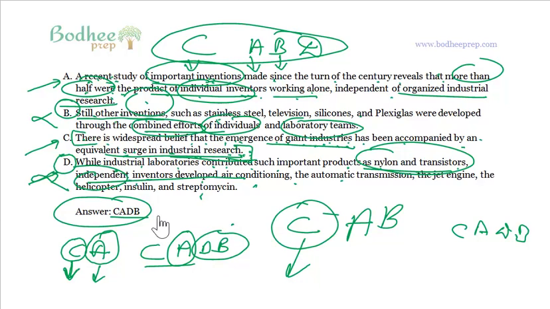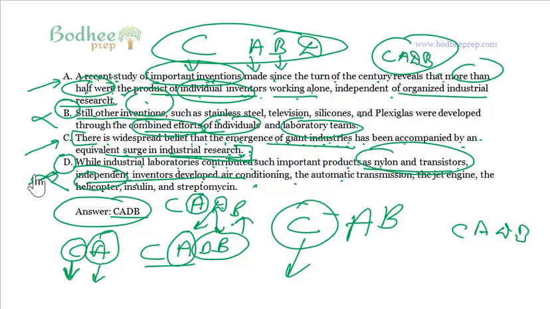So B should come at the end. B says combined efforts. D says that somewhere through independent inventors and somewhere through basically laboratories. A says basically about the inventions, and C is basically the broad idea. So you have C, A, D, B as the right choice.